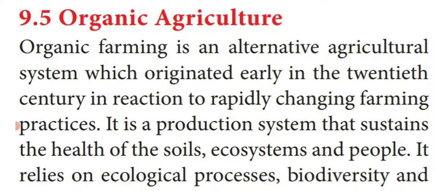Dear students, in the 10th lesson, you have already studied organic farming. What is organic farming? It is an alternative source of agricultural system. This system was originated in 20th century with different changing farming practices.